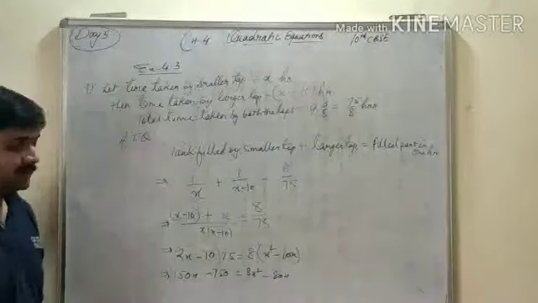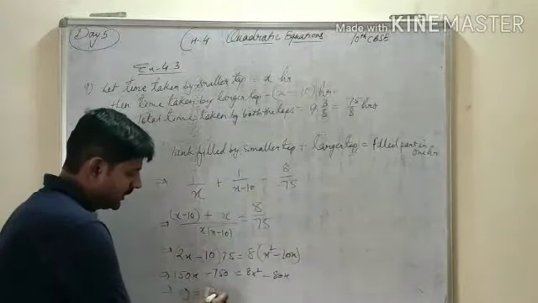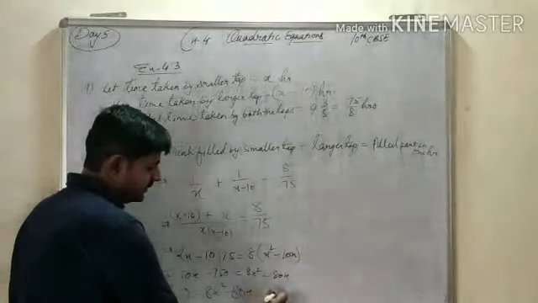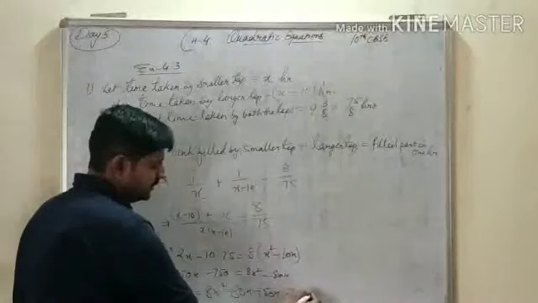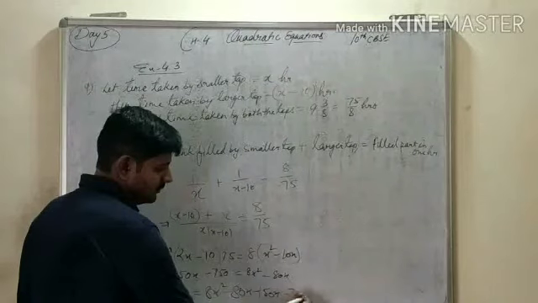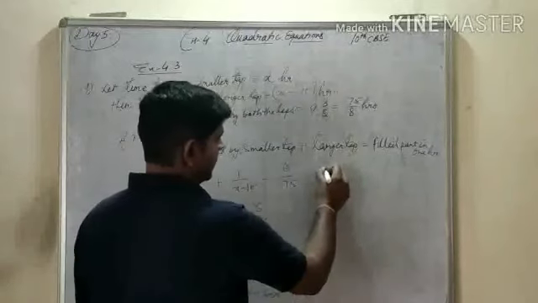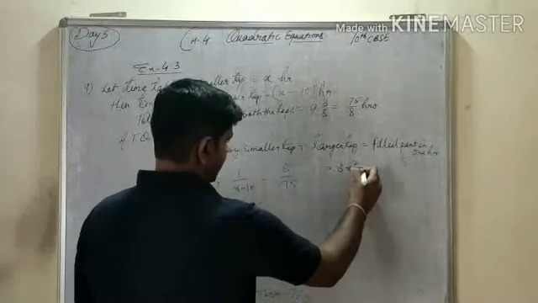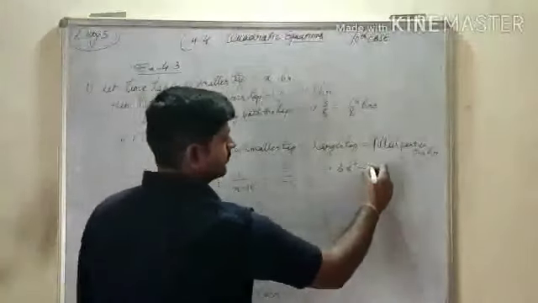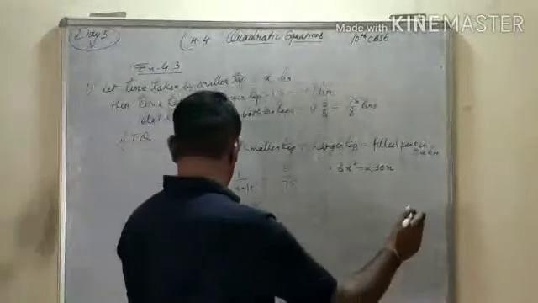All things we can shift to the other side. So this is 0, 8x square minus 80x minus 150x minus 750. Now we can solve this one. So we will get 8x square minus 230x, and minus 750 becomes positive.